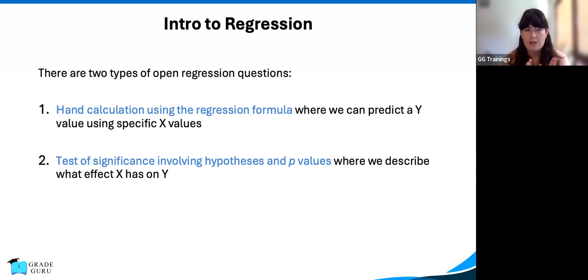The second type of question is the actual test of significance, which involves hypotheses and p-values and rejecting H0 and all the usual stuff. And from that second one, we can conclude: does X have an effect on Y, and what effect?